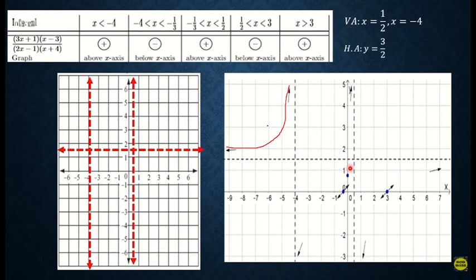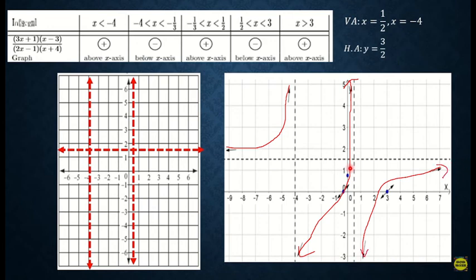Next, below the x-axis, here: x is greater than negative 4 and x is less than negative 1/3. There is a possibility that the graph touches the horizontal asymptote, but when using polynomials or quadratics, there is that possibility of touching. So below the x-axis, above the x-axis, and this is the second one.